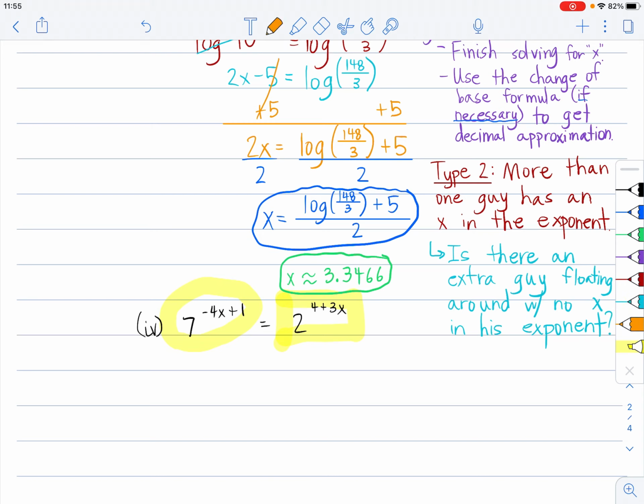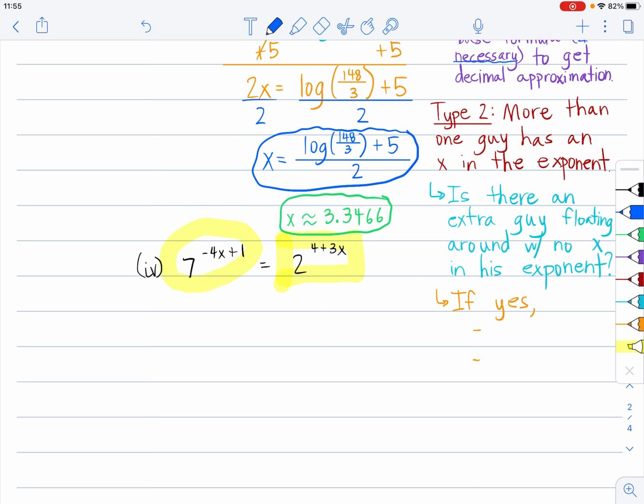If yes, I'm going to save some room for that. If no, I'm going to say keep them on opposite sides of the equal sign.